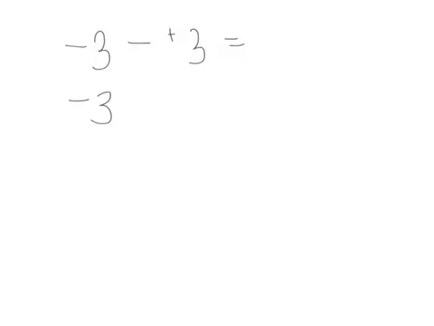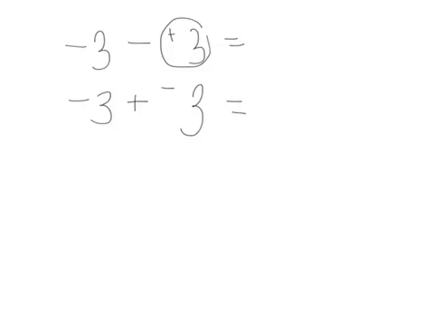Now the minus here we want to change into a plus. So since we made that the opposite, we want to make everything else after that the opposite, just to balance things out. So now this positive 3 will become a negative 3.